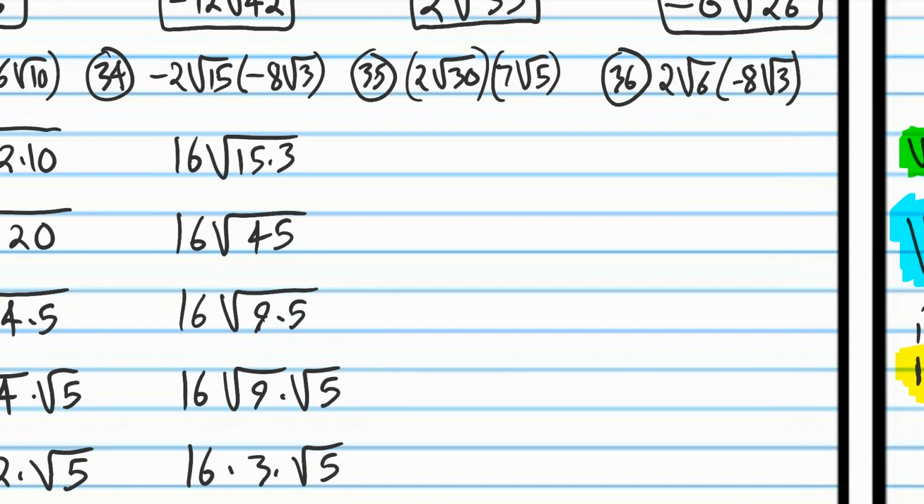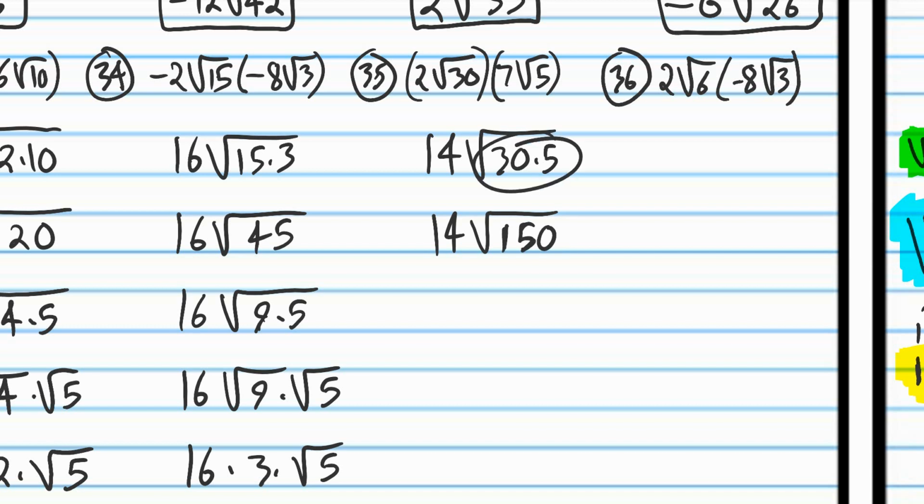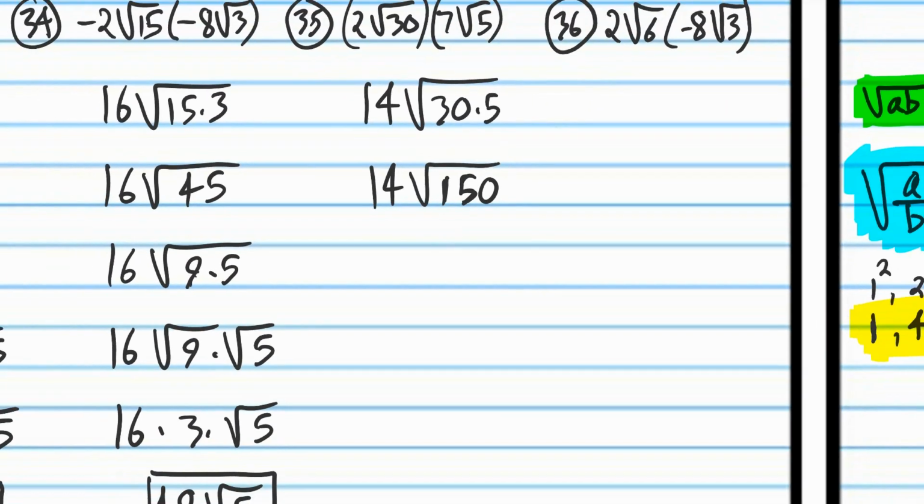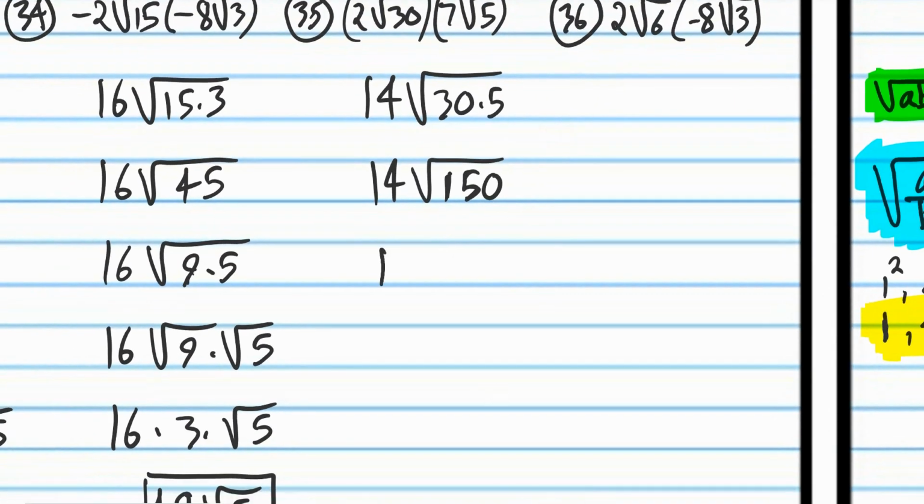All right, 2 times 7 is 14. And we have root 30 times 5, which is root 150. Again, I'm just going to go in the forward direction. I'm not going to do that crazy factoring because, again, it kind of confuses students. So now, what do we have here? There's a lot of different ways to factor it, but it's hard to factor from this point.